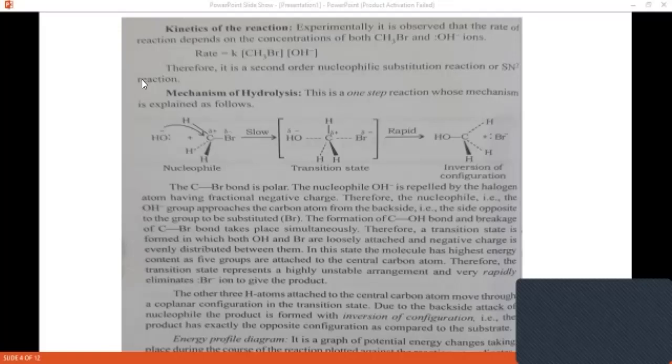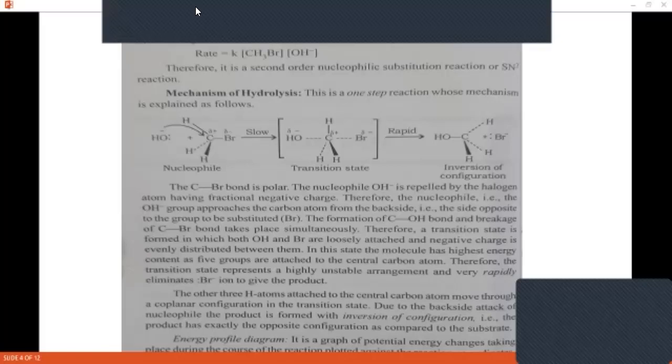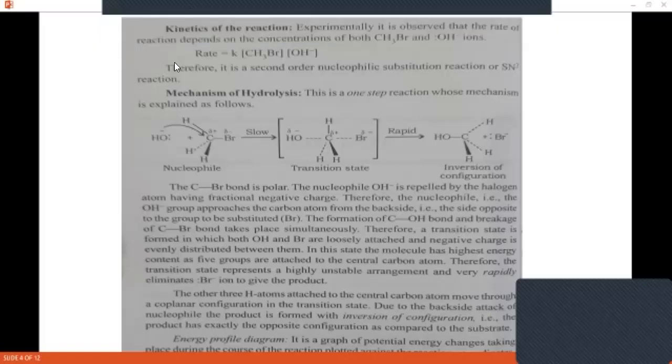Before we start the mechanism of the SN2 reaction, let me explain the SN2 reaction again. SN2 reaction is a nucleophilic substitution reaction where one bond is formed and another bond is broken.